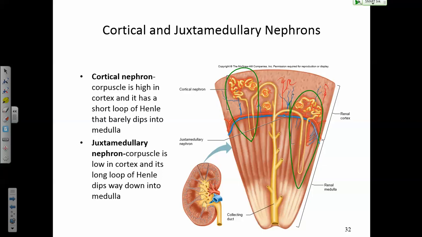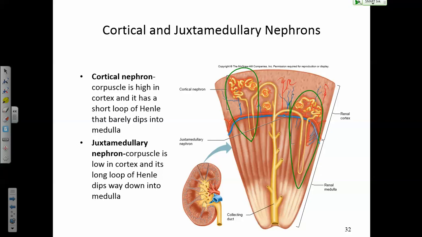The longer a loop of Henle is, the more water can be reabsorbed from the filtrate and put back into your blood. And so those juxtamedullary nephrons are really associated with water reabsorption.